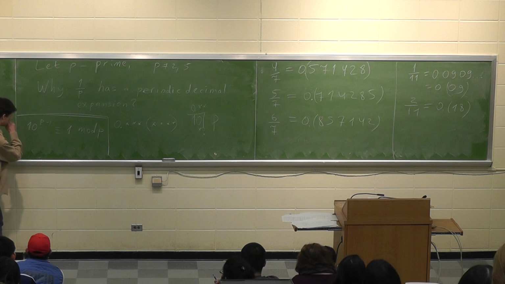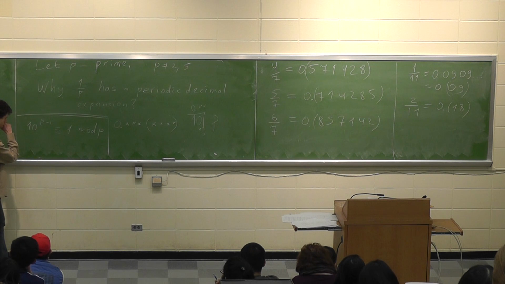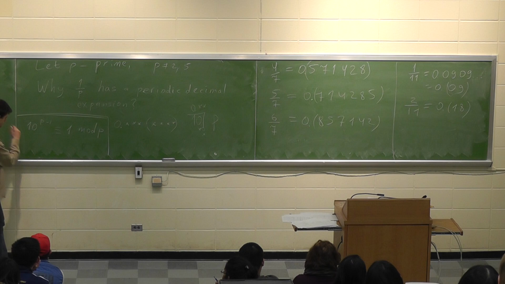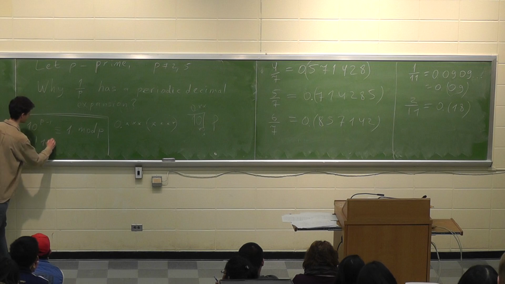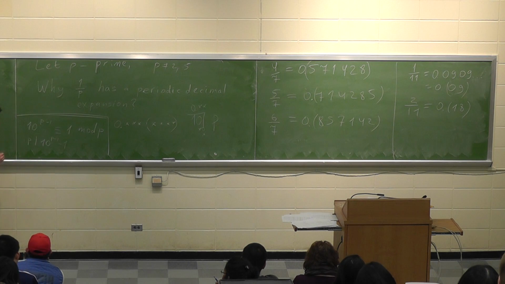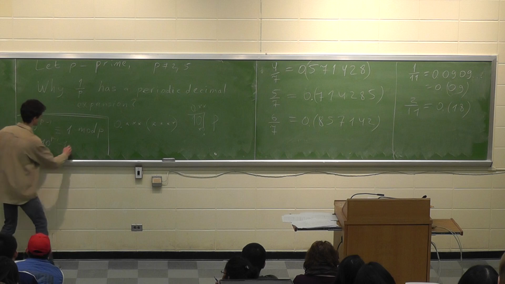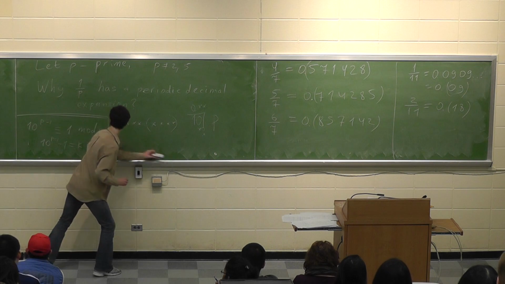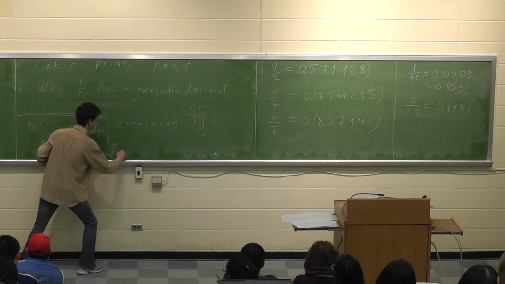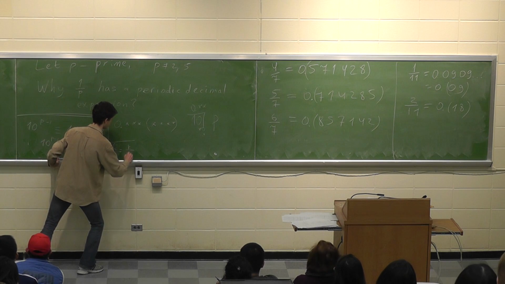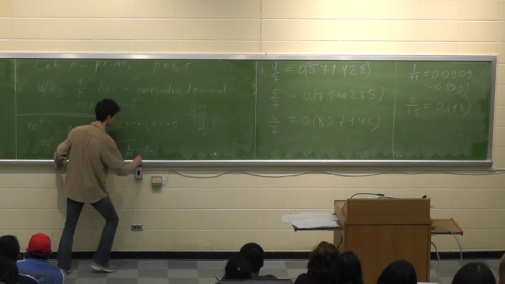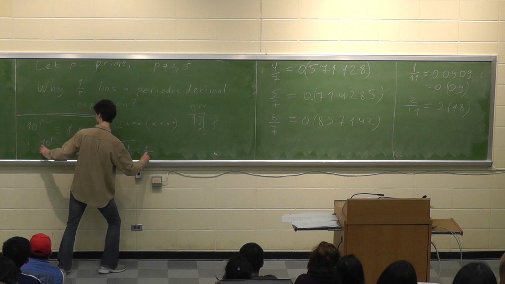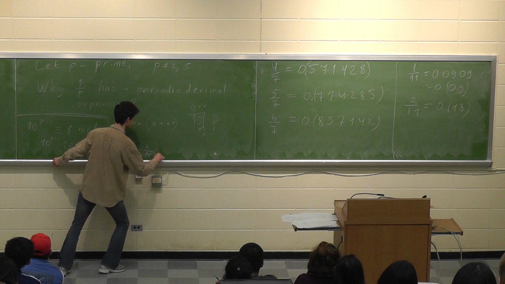This means that 10 to the power of p minus 1 minus 1 is divisible by p, say equal to k times p. And hence 1 over p is the same as k over k times p, which is k over 10 to the power of p minus 1 minus 1.